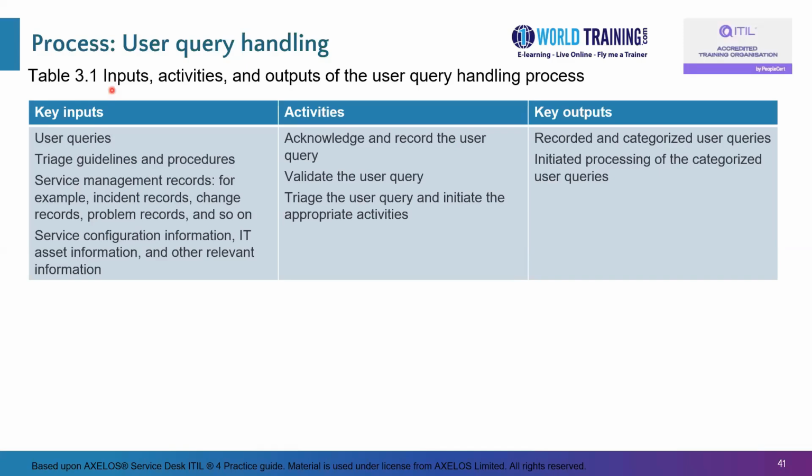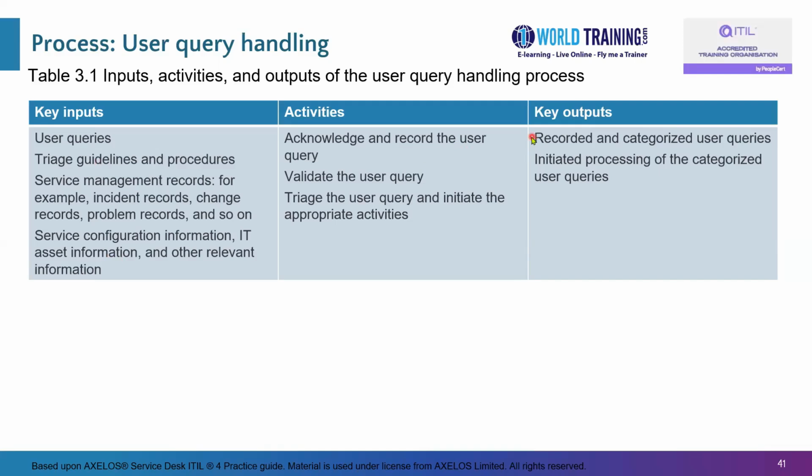Because it's a user query handling process, the key inputs naturally would be the user queries, and then also guidelines and procedures for how to triage those queries into different categories. While doing that, the service desk agents should be able to refer to the service management records, for example, incident, change, problem records, and so on. They will also need access to service information such as service configuration information, IT asset information, and any other relevant information based on the nature of the query.